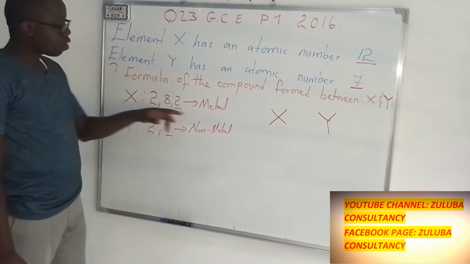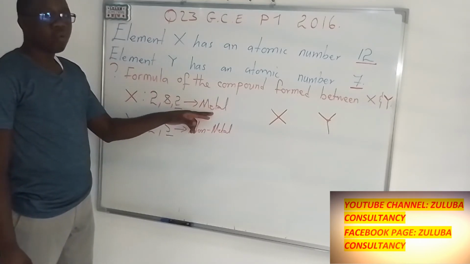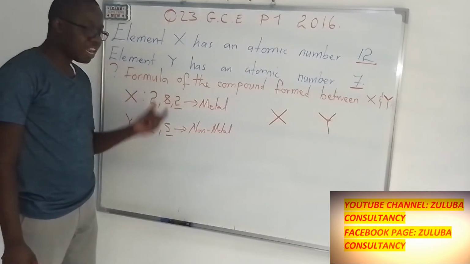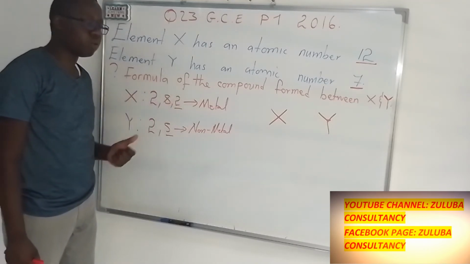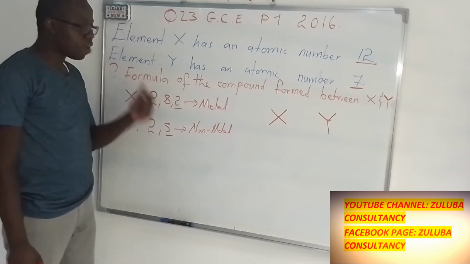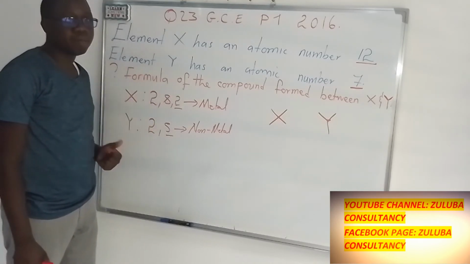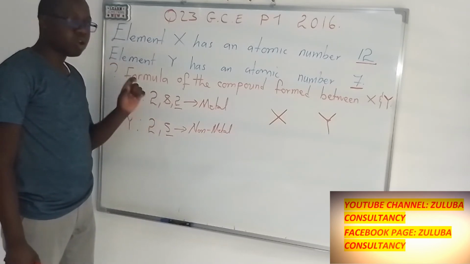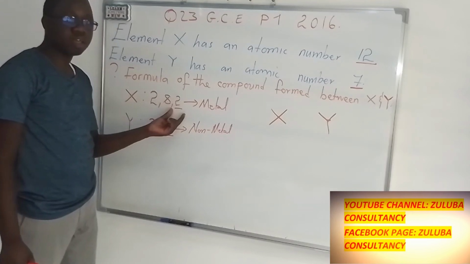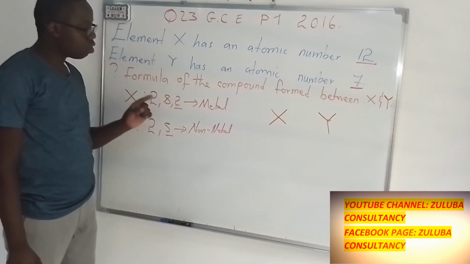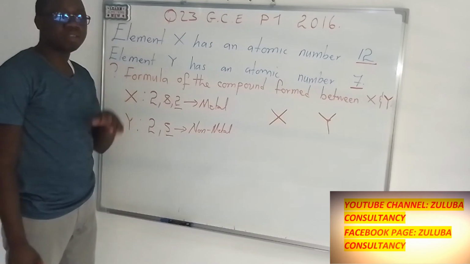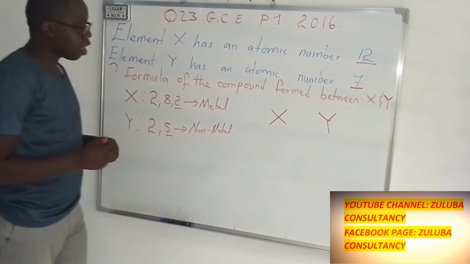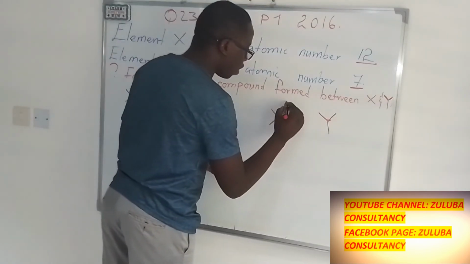For X, it being a metal, we say the number of the electrons in the outermost shell is equal to the valence of that element. So for a metal, the number of electrons in the outermost shell is equal to the valence of that element. So in this case, X will then have the valence of 2.